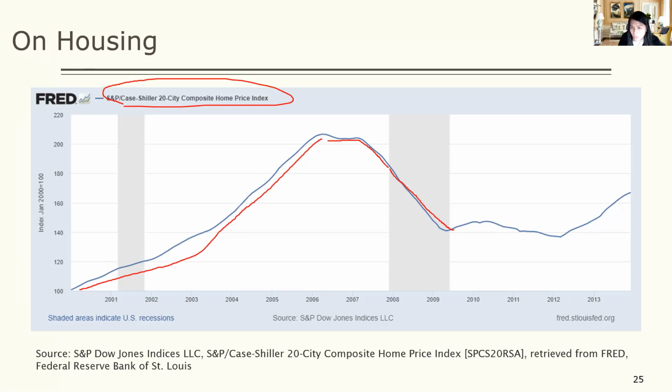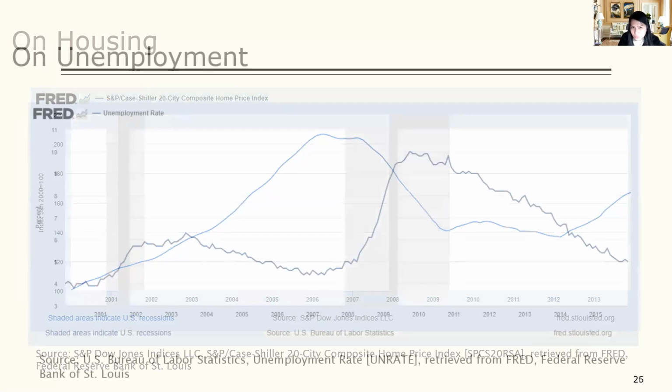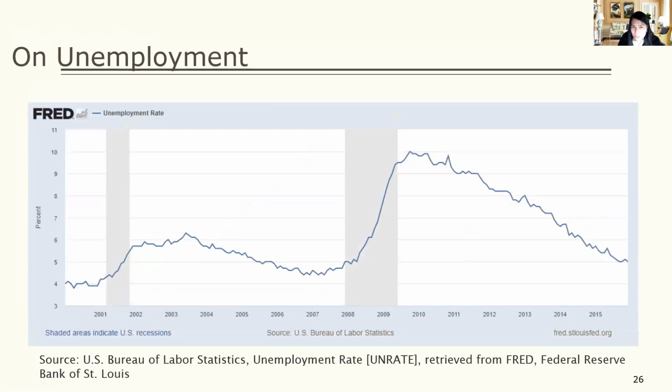So if you had to sell a house during this time, this is a really bad thing to do. In terms of unemployment, we see a similar picture here. The unemployment rate in the US was quite stable. It was less than 7% up until the crisis. And during the crisis, there was a huge spike in unemployment to 10%, and it only improved gradually over time.